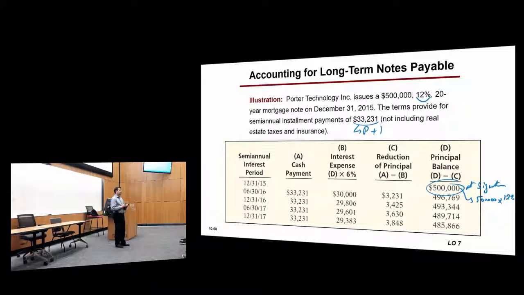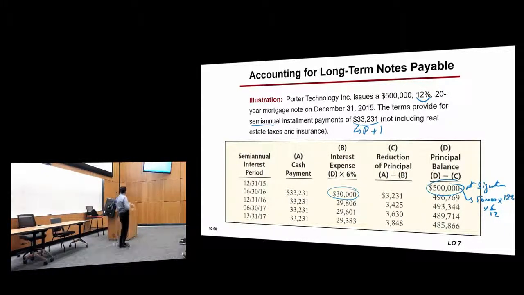How many months do we have for each payment? Semi-annual. So what does it mean? Multiplied by 6/12. So what's the interest? The interest will be 30,000, right?